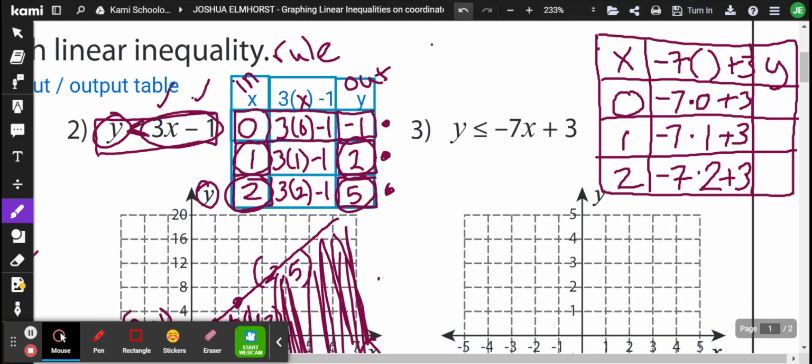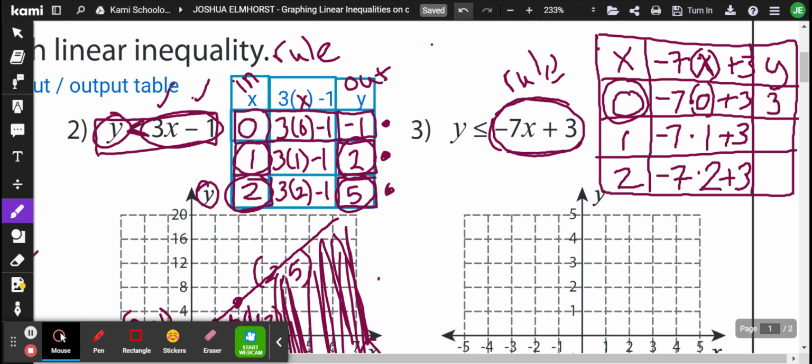All right, continue on with number 3. We take a look at the rule or the line. So this is our inequality, but this rule is also going to represent the line that goes on the graph. So we're going to take out x and then put in 0. So negative 7 times 0 is going to be 0 plus 3.